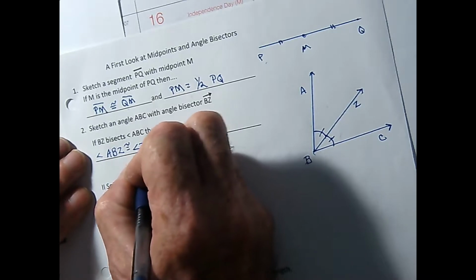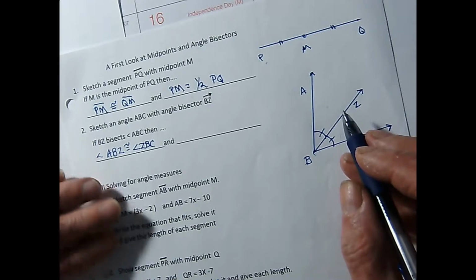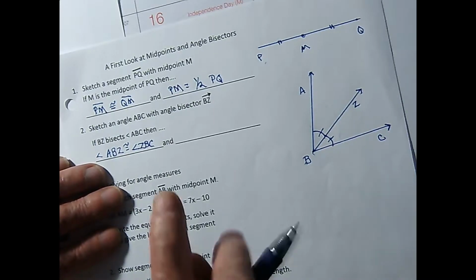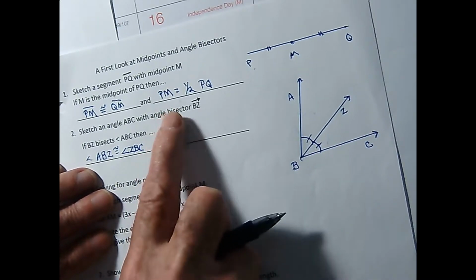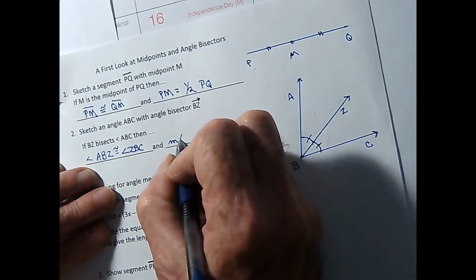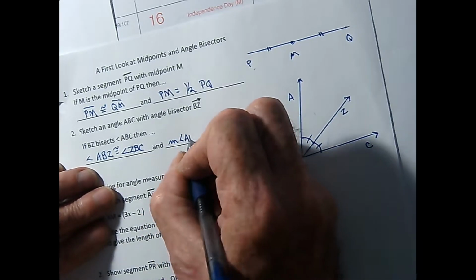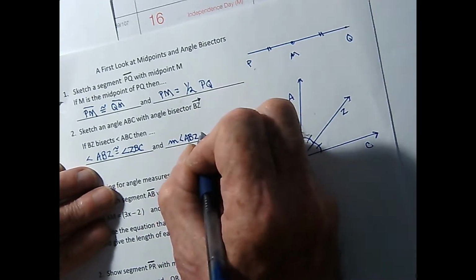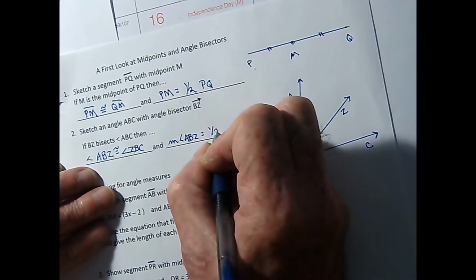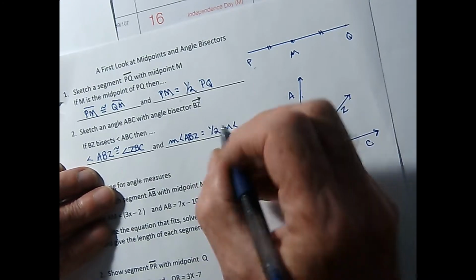That must be true if we say that BZ is an angle bisector, and we're under that assumption. And there's another one, very similar to this idea. I would say that the measure, because we use that little m for measure, of angle ABZ is equal to 1/2 the measure of angle ABC.